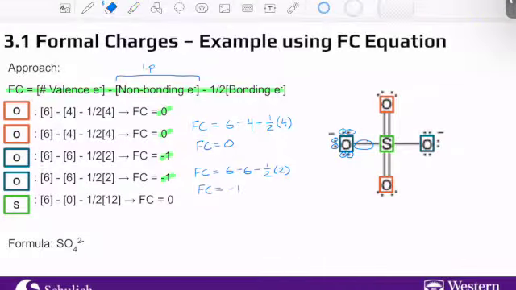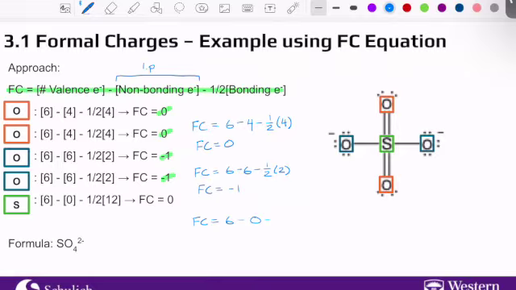There are 0 lone pairs, and then we go to minus 1/2 our bonding electrons. We have 1, 2, 3, 4, 5, 6 bonds, which means 12 electrons. We then have a formal charge equal to 0 for our sulfur.